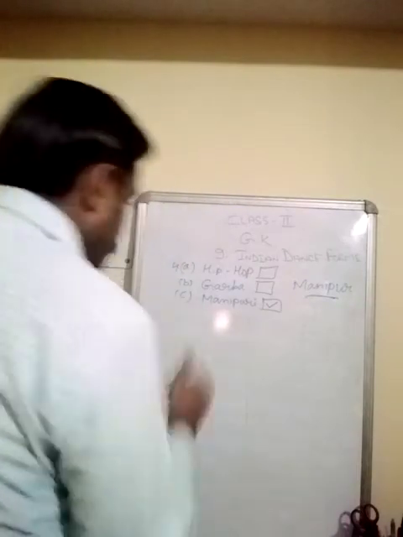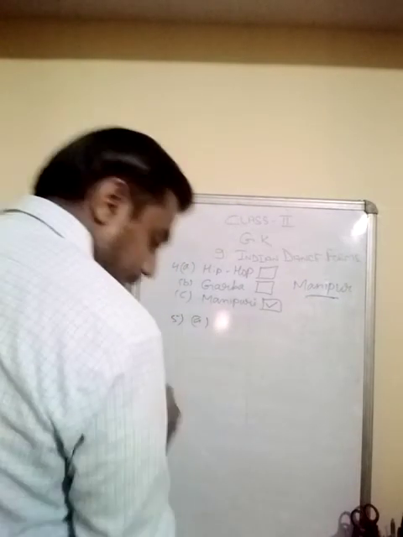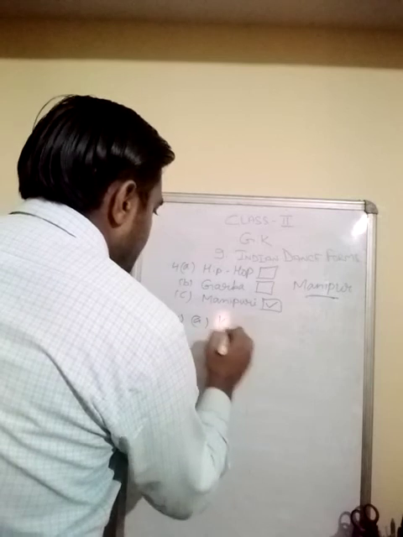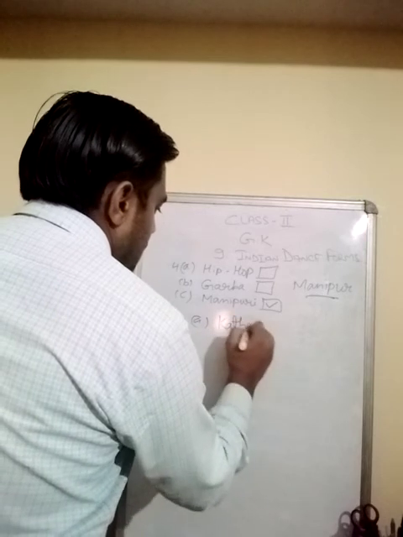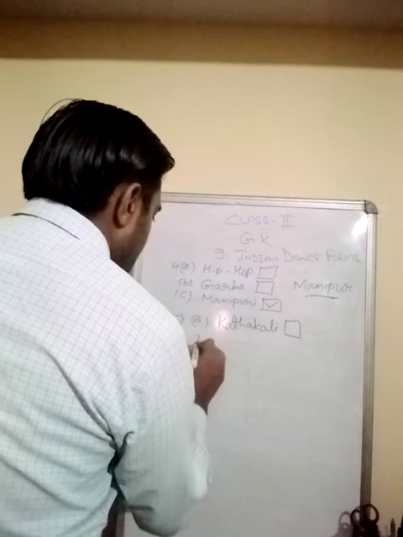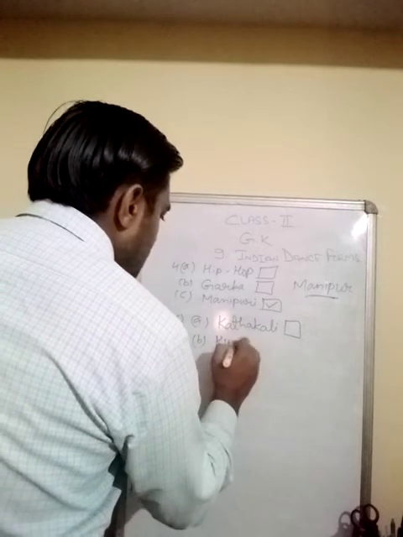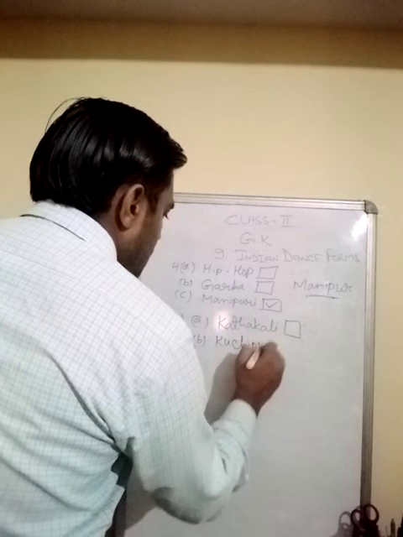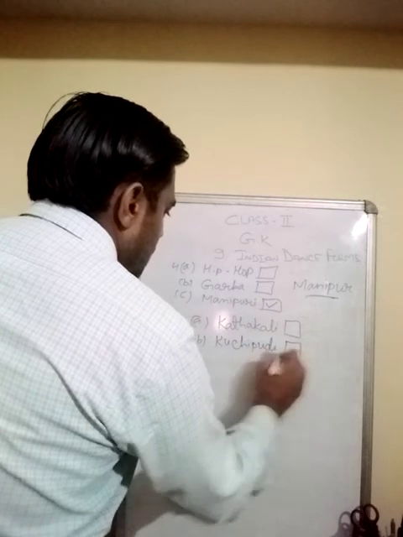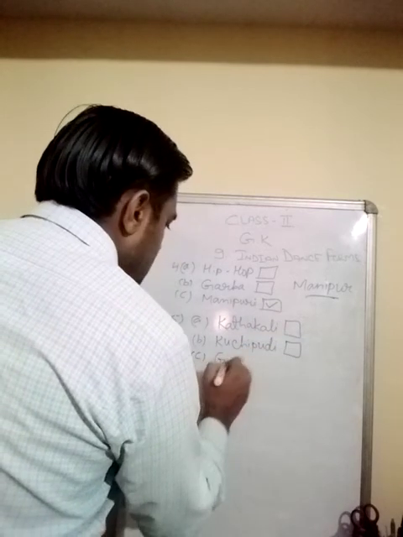For question 5, the options are option A, Kathakali, Kuchipudi, and Ghumar.